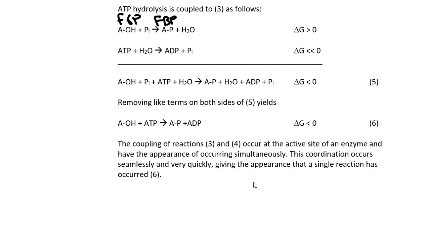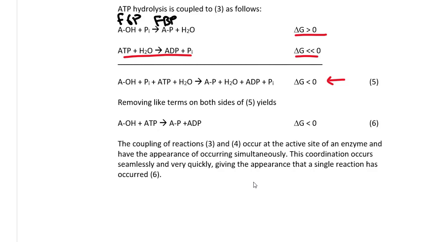But adding an inorganic phosphate by itself would have a delta G that is larger than 0, so it's unfavorable. But if you couple it to ATP hydrolysis, right here, then what you get is a reaction that is actually favorable, right? Because ATP hydrolysis is very favorable.